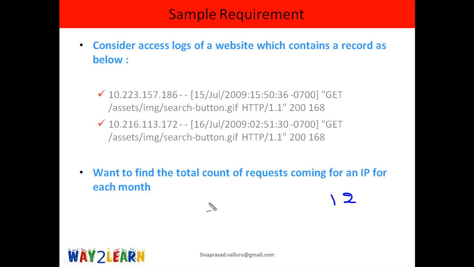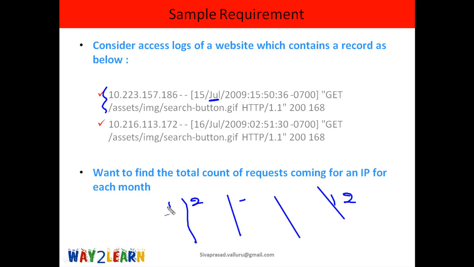So all the requests for January should go to reducer 1. All the requests for which the month is Feb should go to reducer 2. Like that, the key-value pairs should go to one of the reducers among the 12 reducers.